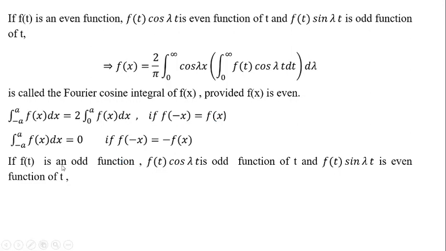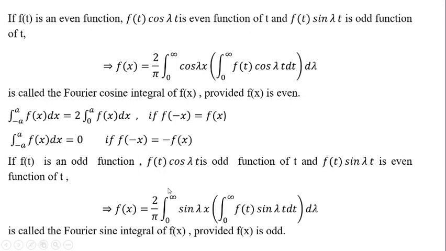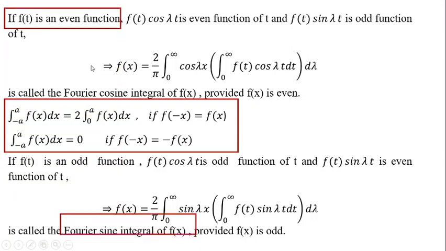Similarly, if f of t is an odd function, its product with the even function will be odd, whereas the product of two odd functions is always even. So in that case, the second integral will survive and it will take this form. Here, the integral obtained when the function is even is called the Fourier cosine integral. This is nothing but the Fourier cosine integral of f of x.